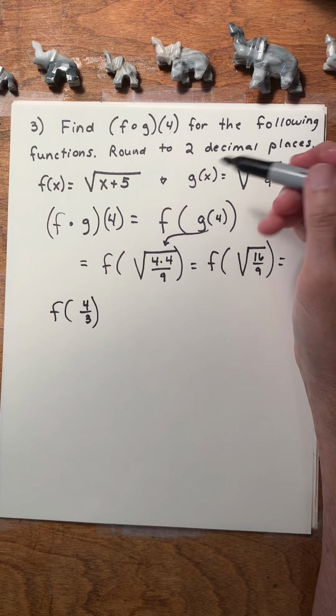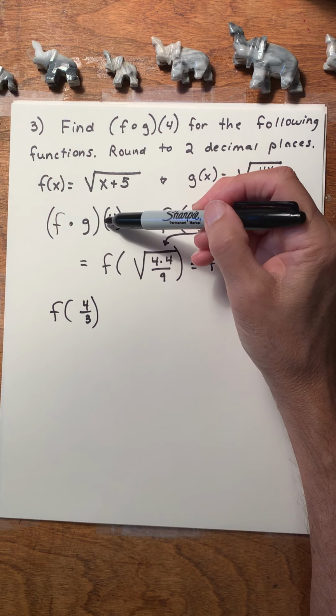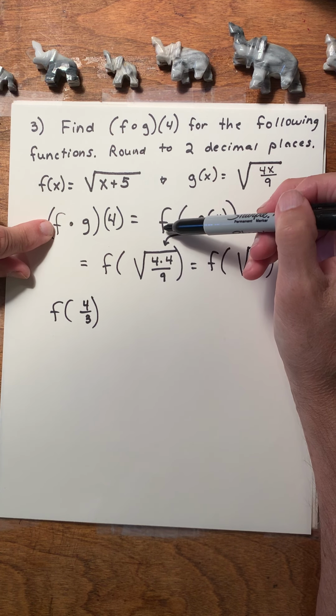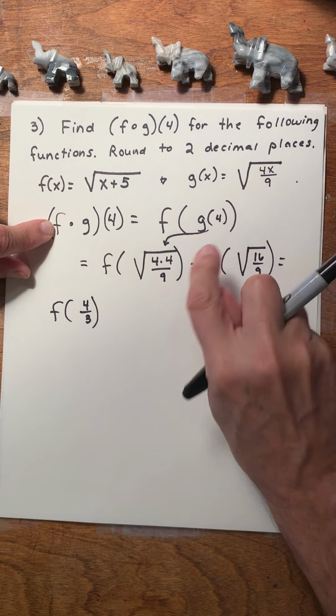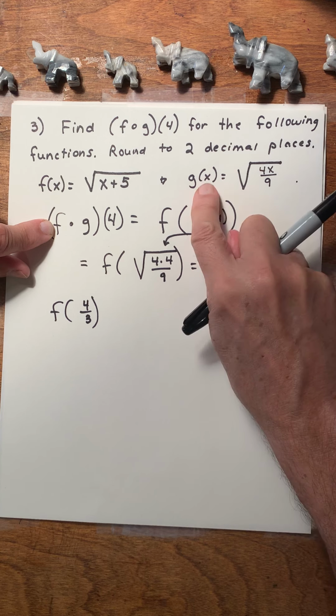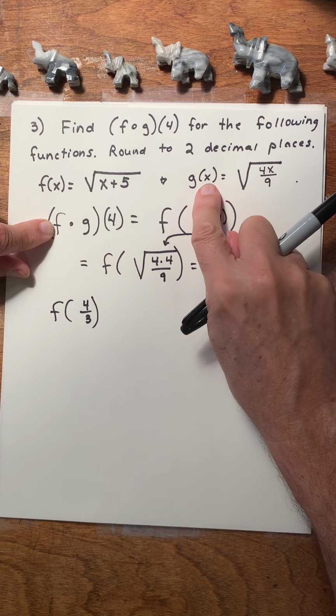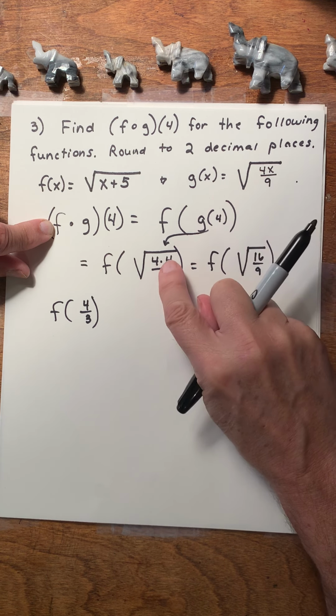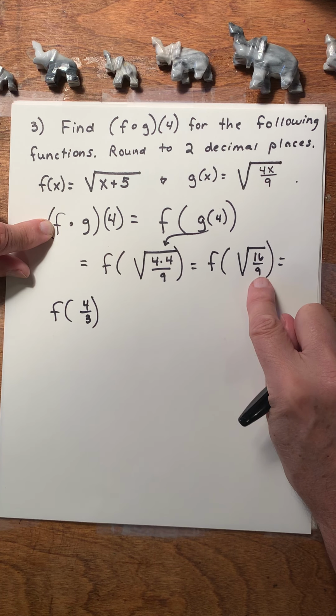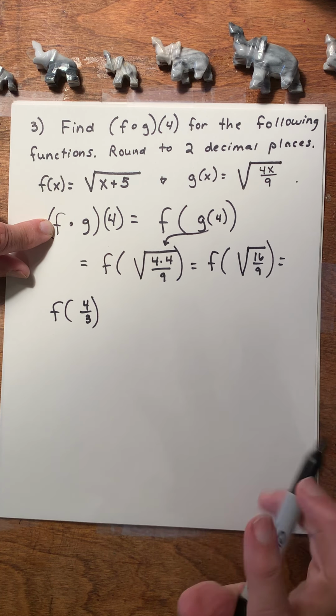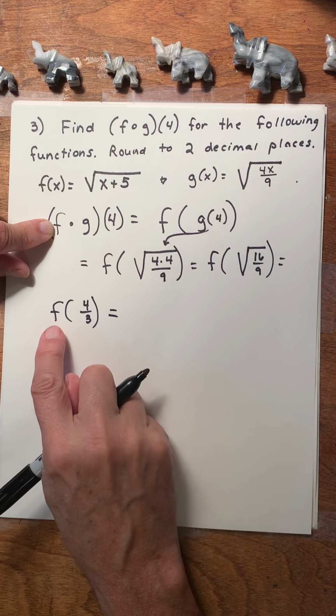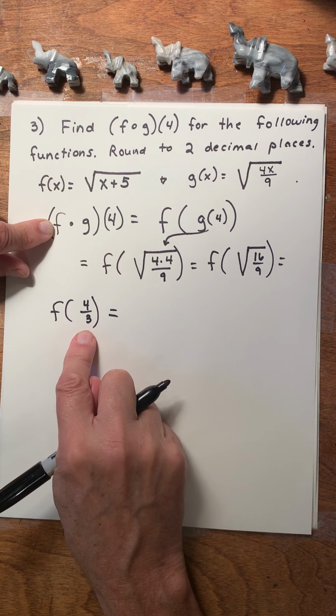Okay? So f of g of 4 means the first function f evaluated at g of 4. Got to find g of 4. Here's g. G of 4 means everywhere there's an x, I'm going to put a 4. Did that. That's square root of 16/9. That's 4/3. I'm not finished because I still have to find f of 4/3.